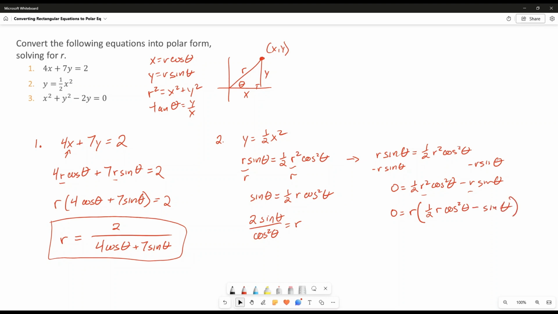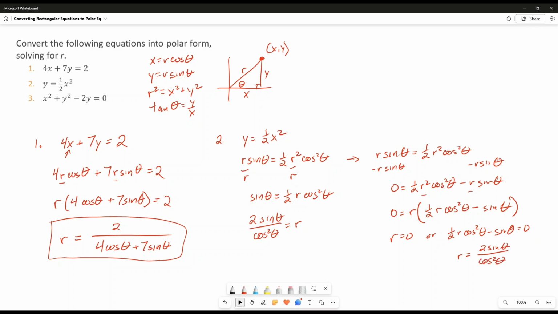And then using our property where if you multiply two things and you get 0, then that means that either r is equal to 0 or 1/2 r cosine squared theta minus sine theta is equal to 0. And if we take the second equation and solve it for r, we get the same thing we had before. We're going to have 2 sine theta over cosine squared theta.